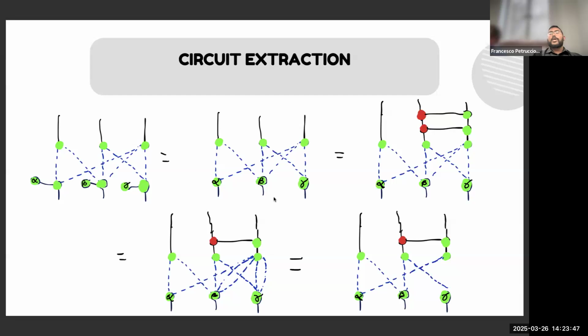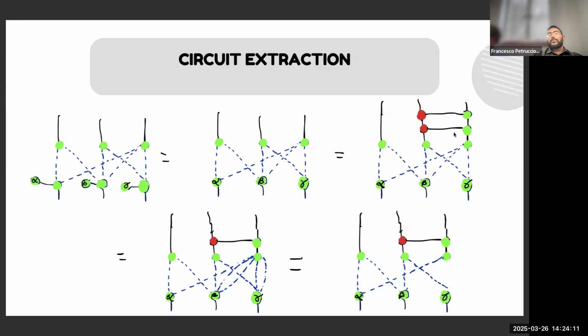Once you have this, we want to now use controlled NOT gates to add or delete these blue dashed lines in a certain way. And I'll explain how it does that later. But essentially what we are doing in the next step is adding two control NOT gates, and these in fact cancel out. So we are not changing the diagram.